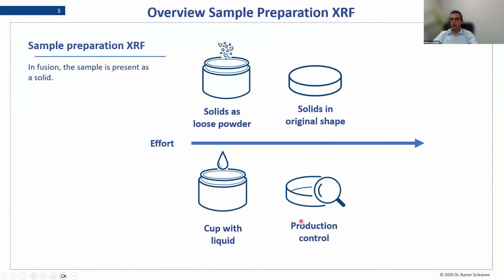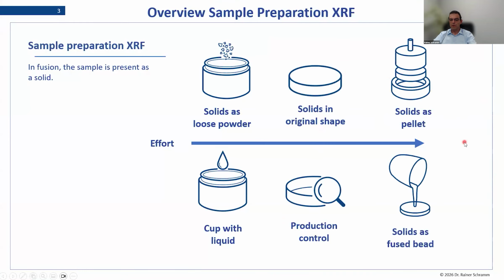We do some production control by analyzing materials, or to be more precise, we make a press pellet out of our powder. And last but not least, there is the fuse bead, which is the highest level of sample preparation for solids in XRF, with the highest accuracy and highest precision, but of course also with the highest investment in time and money.